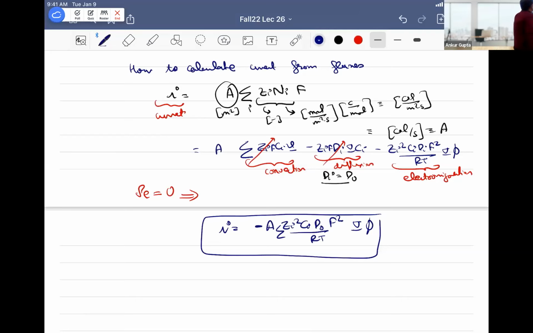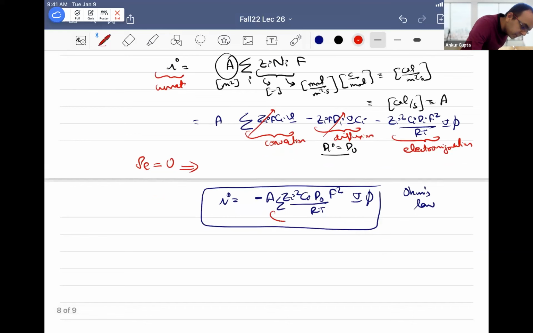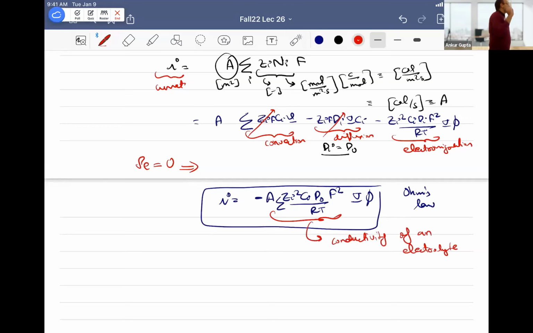Diffusivities are equal, and then you get this term, and this is Ohm's law. And this portion is the conductivity of an electrolyte. So when you have the bulk transport, and I should have mentioned this, bulk transport with equal diffusivity of the ions, then if you apply an electric field and measure a current, you can get out the conductivity of the electrolyte.